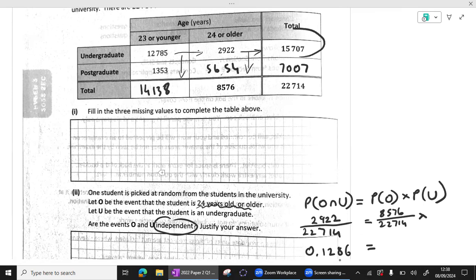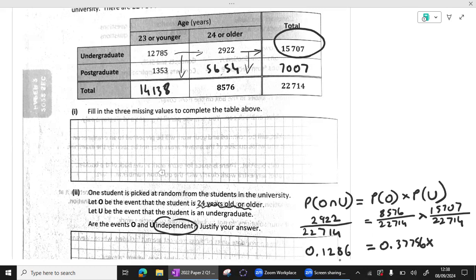So my undergraduate one is here. That's my total for undergraduate, 15,707, all over the total number of students in the university. So I'm going to multiply the two of these together and see if it gives us the same probability as the intersection.